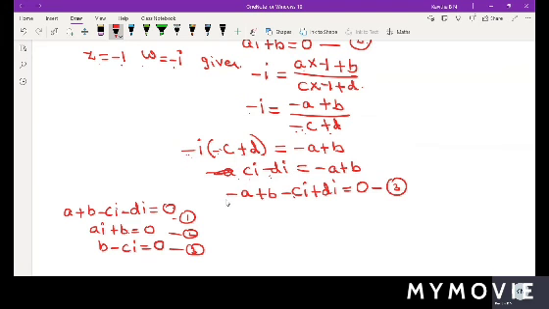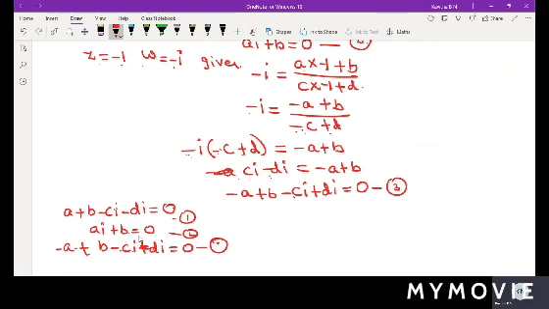If you take 1 and 3, then minus a plus b minus ci plus di is equal to 0.